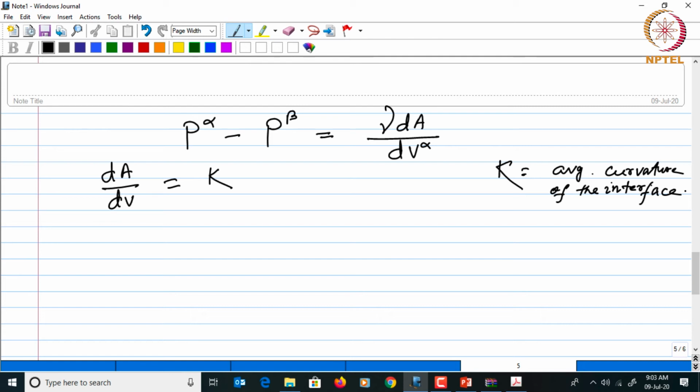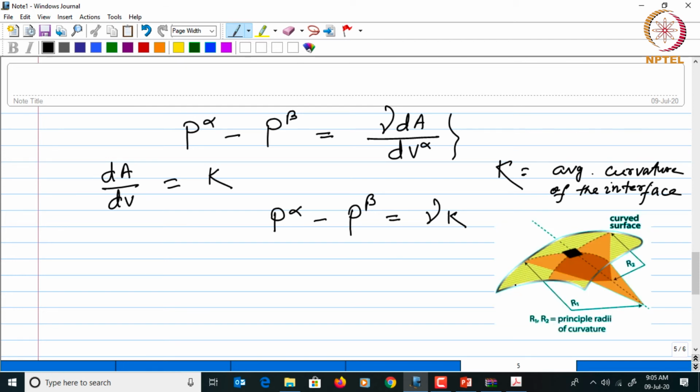Right, so from here, if we replace K over here in this equation, we'll get P alpha minus P beta equals gamma K. And if you have a curved surface like this, where R1 and R2 are the principal radii of curvature, then K is given as 1 by R1 plus 1 by R2, right?